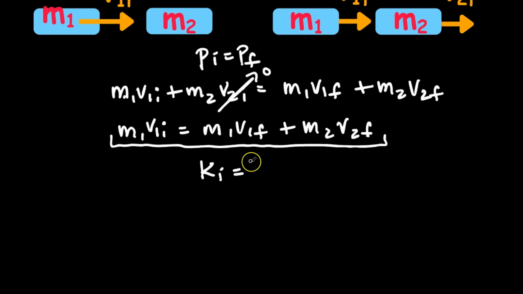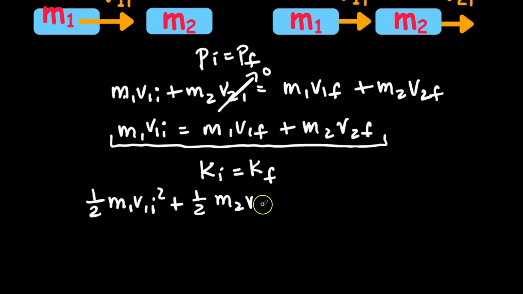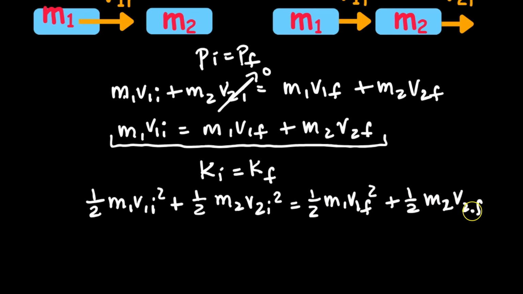Now we're going to look at the kinetic energy. Kinetic energy is conserved in an elastic collision, and so that means that the total initial kinetic energy equals the total final kinetic energy. And kinetic energy is equal to 1 over 2 mv squared. On the left-hand side, we have the total kinetic energy initial, and on the right-hand side, we have the total kinetic energy final.